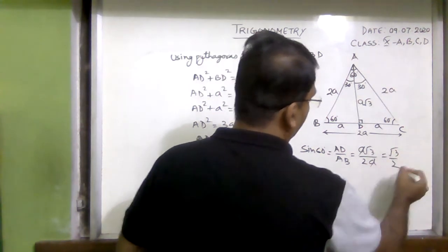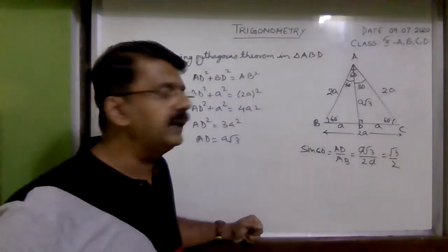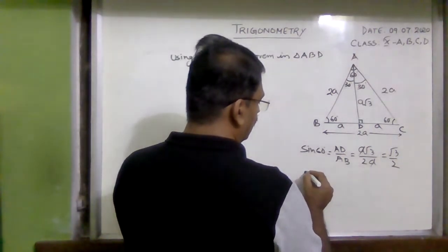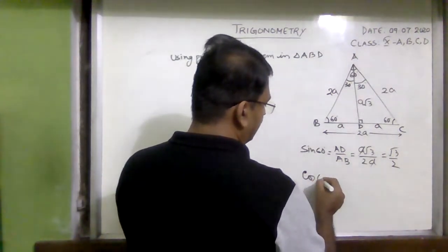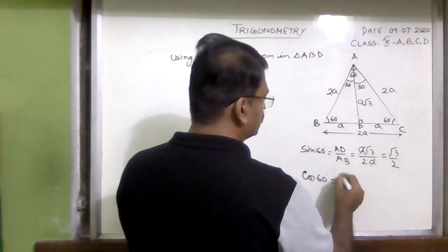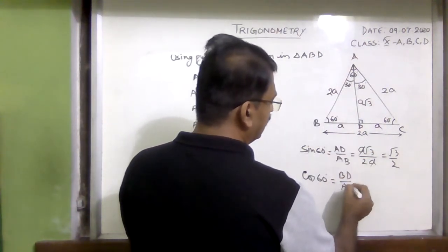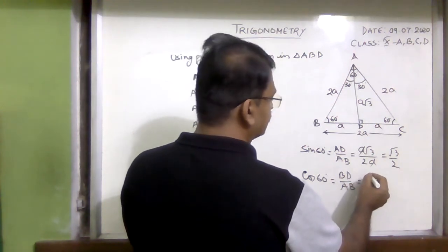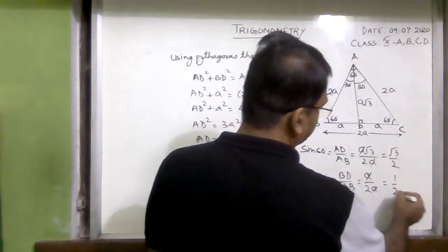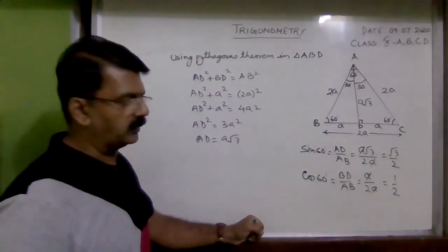So you can see we have found that sine 60 is root 3 by 2. Now cos 60, that is base upon hypotenuse, so BD upon AB. Now BD is small a and AB is 2a, so it is 1 upon 2. Cos 60 is 1 upon 2.